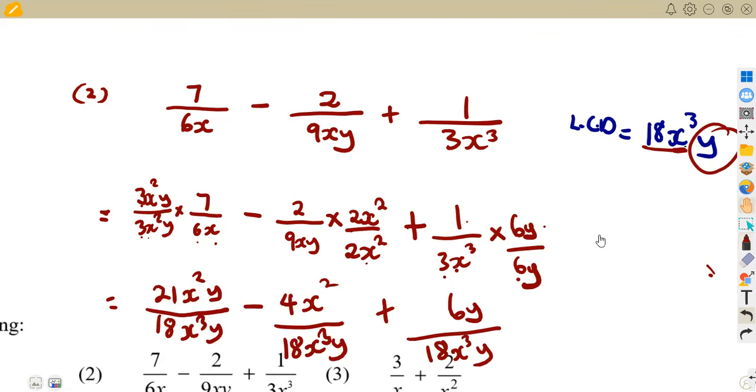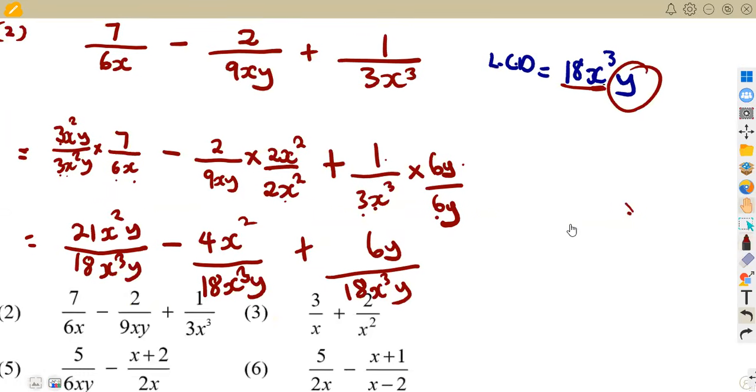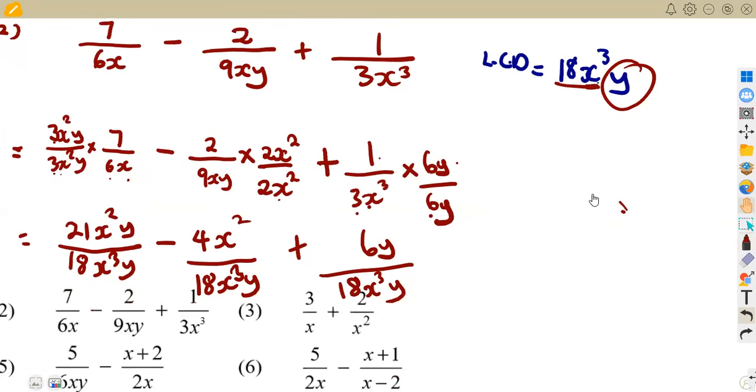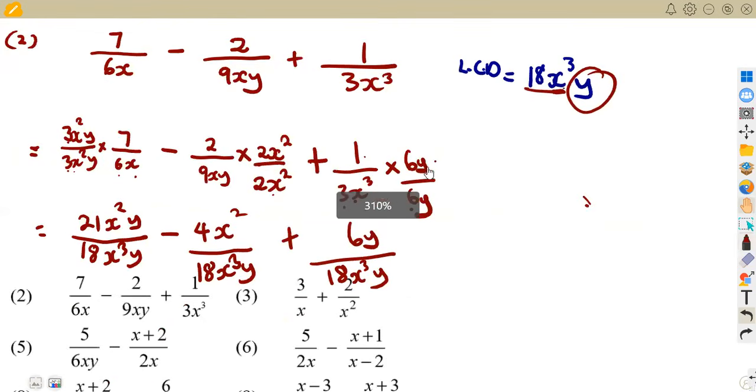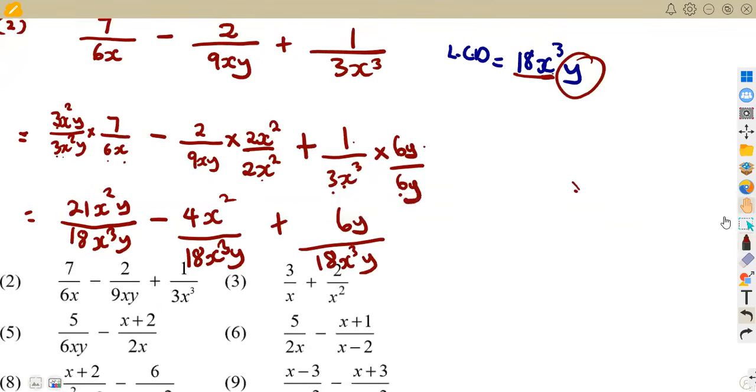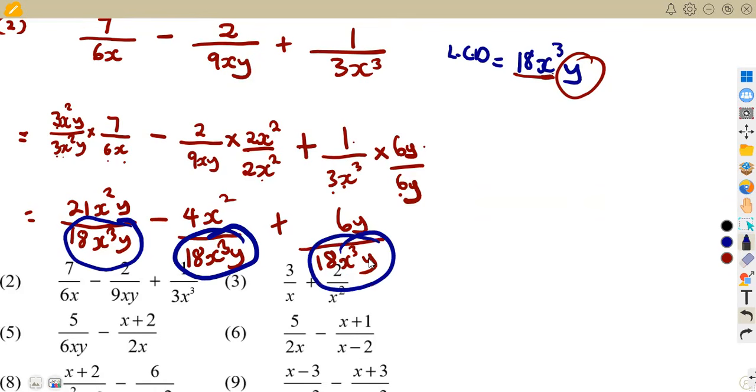So as we can see here, the denominators are the same, and this is the condition that we wanted to have. We can see that this is the same throughout: 18x cubed y, 18x cubed y, 18x cubed y.